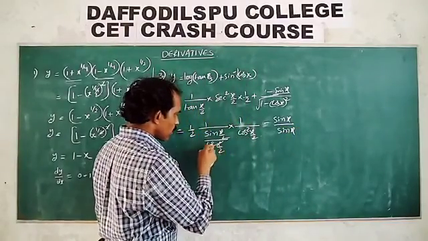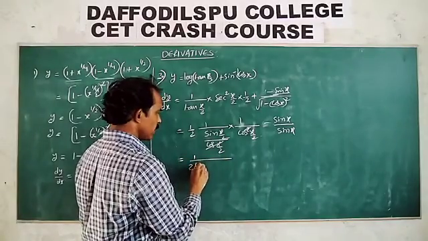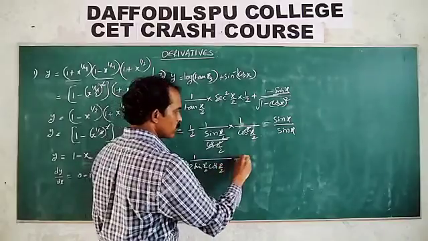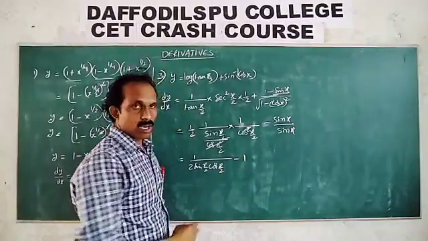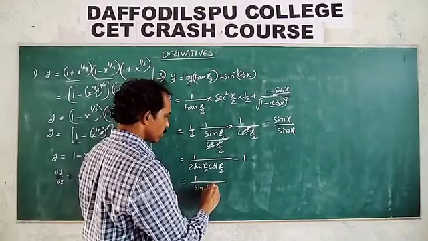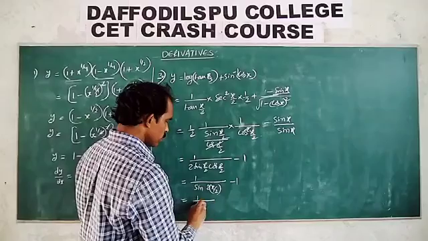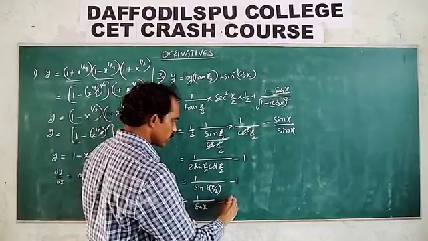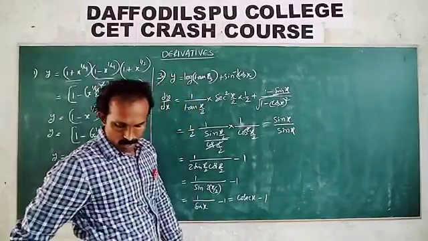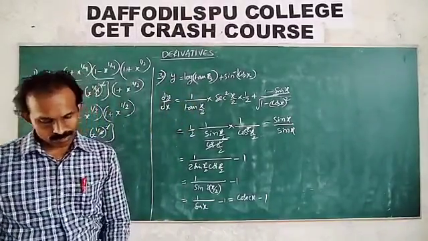Right. One term cancels. 1 by 2 sin x by 2 cos x by 2 minus 1. 2 sin a cos a, submultiple formula, sin 2a. So it means 1 by sin x minus 1. This answer is equal to cosecant x minus 1. So the first option is the correct answer.